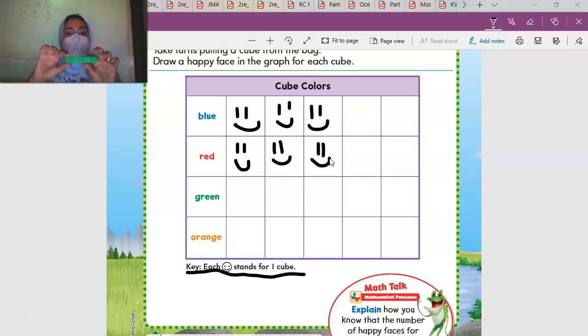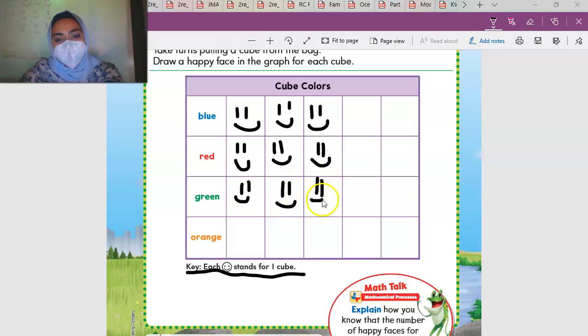I have 5 green, so I'm going to draw 5 smiley faces for green. 1, 2, 3, 4, 5. How many smiley faces will I draw for orange? 5 smiley faces for orange.